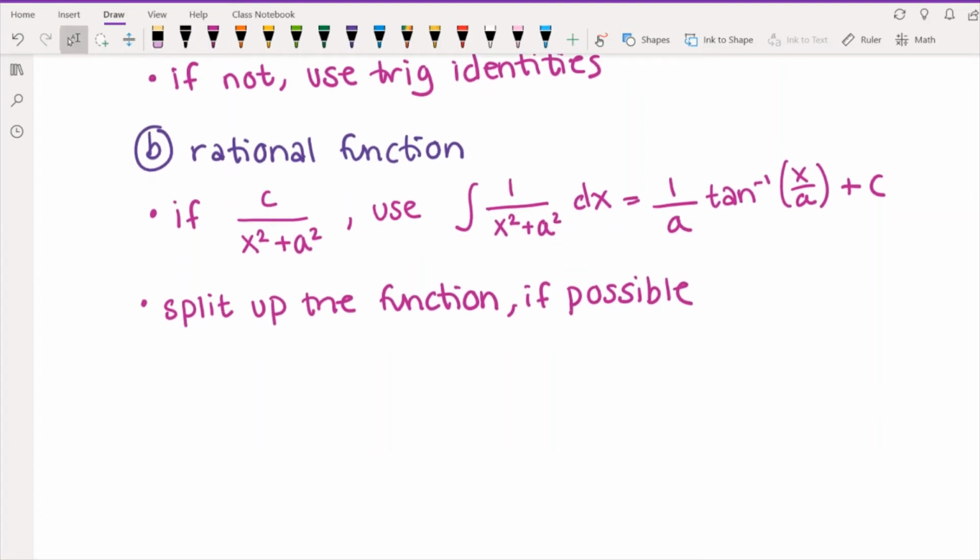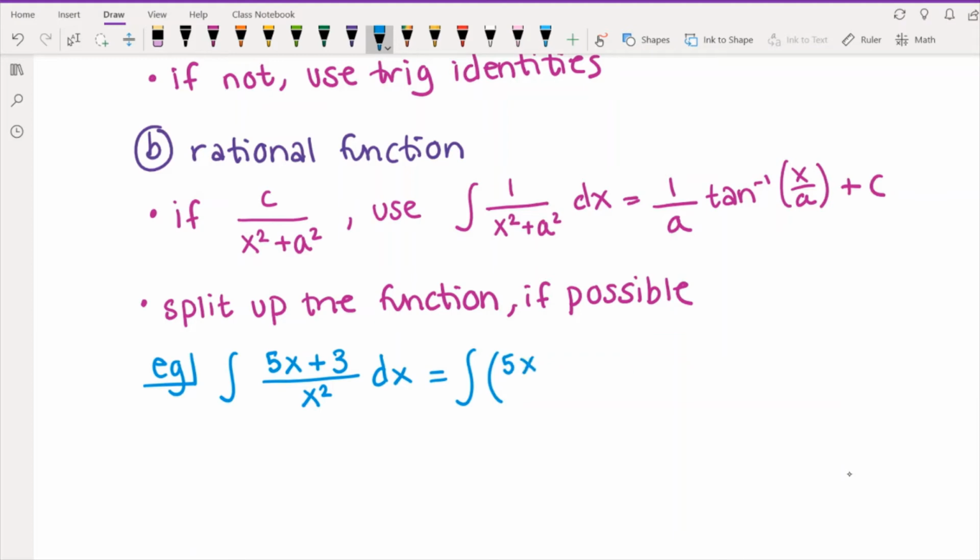So when I say split up the function if possible, I mean something like this. Let's say you have the integral of 5x plus 3 divided by x squared. You can split this up into the integral of 5x over x squared plus 3 over x squared, right? And just go from there.